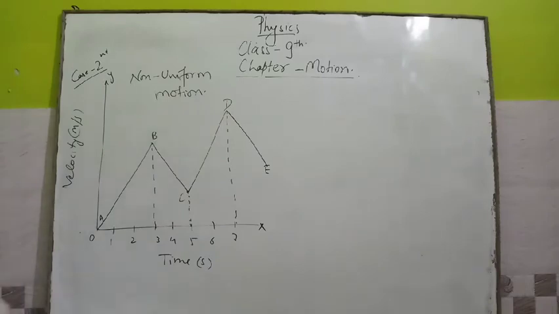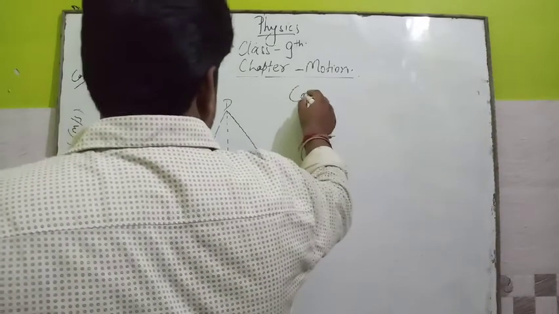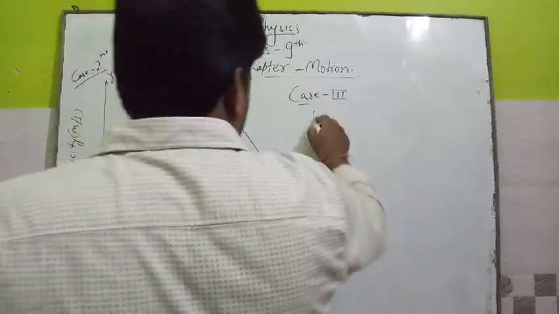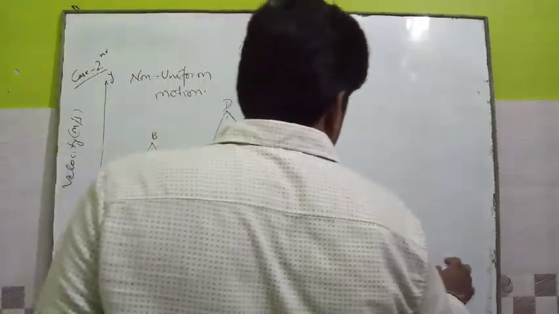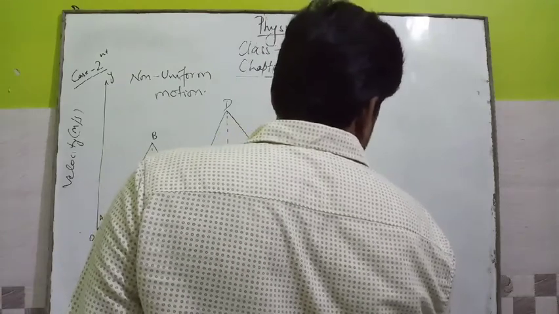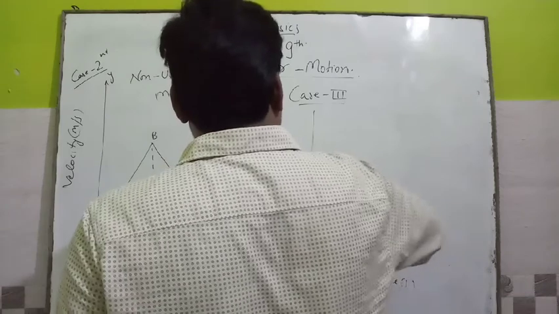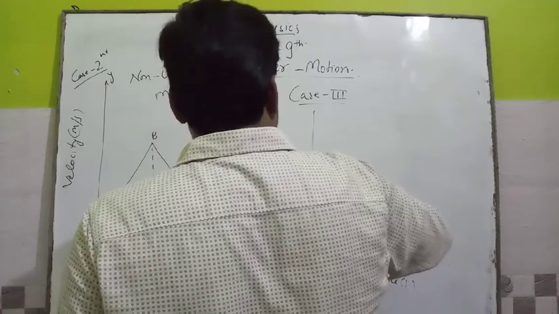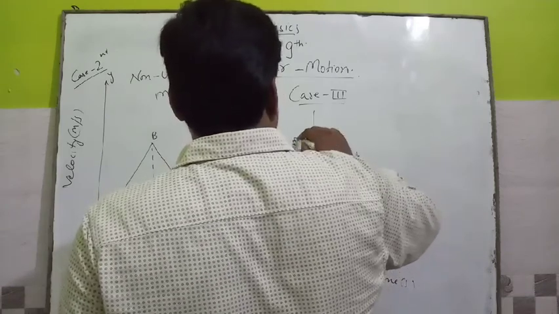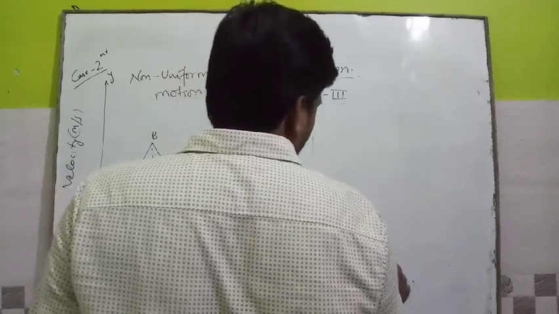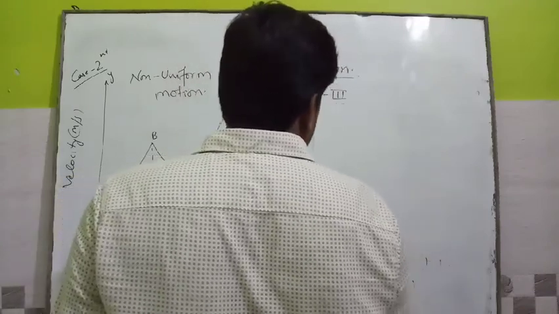This is the second case. Case third for non-uniform motion, the graph is like this. See everyone? This is the time axis, and this is again the velocity axis in meter per second. This is 0, this is 1, 2, 3, 4, 5, 6, 7.